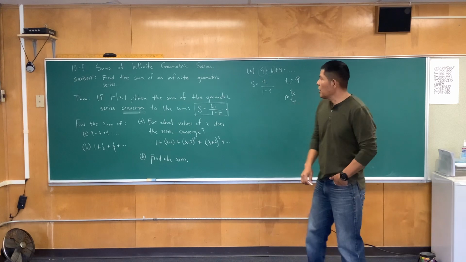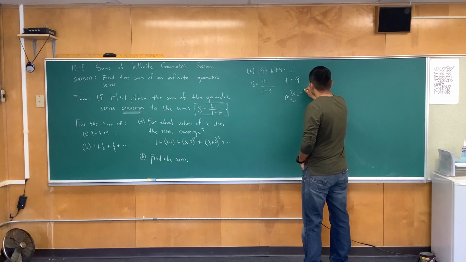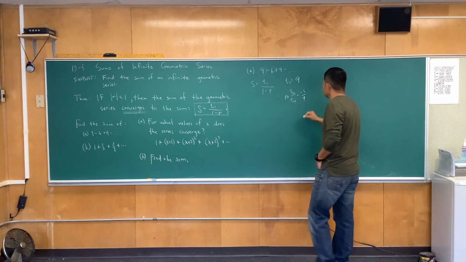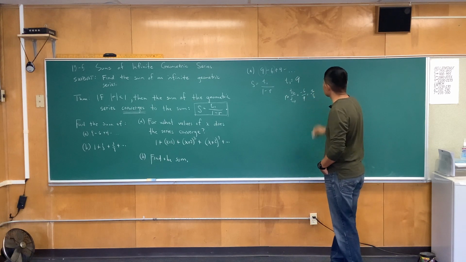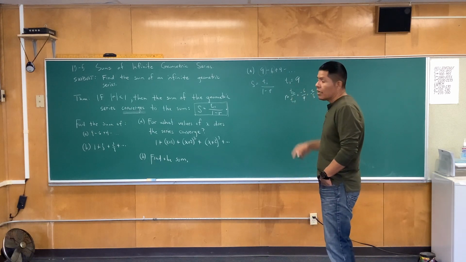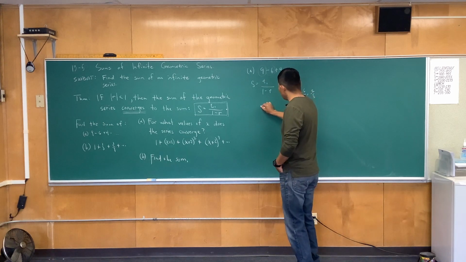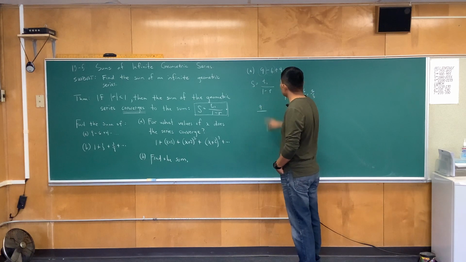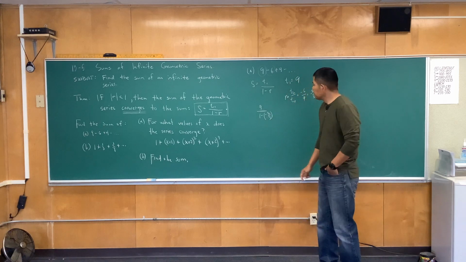And in this case, we're going to have negative 6 divided by 9, and that reduces to negative 2/3. So now we have t sub 1 and we have r. And what we do now is we say, okay, 9 is t sub 1, divided by 1 minus negative 2/3. So that's r.